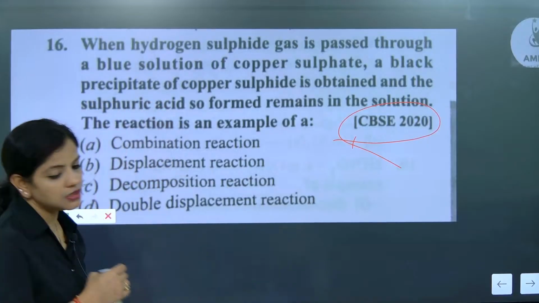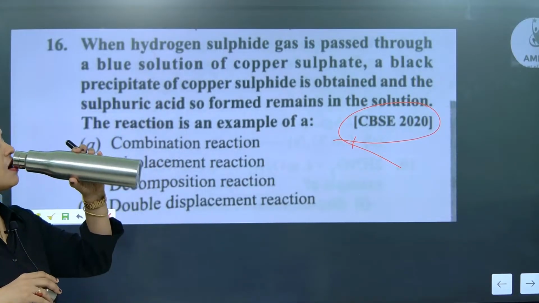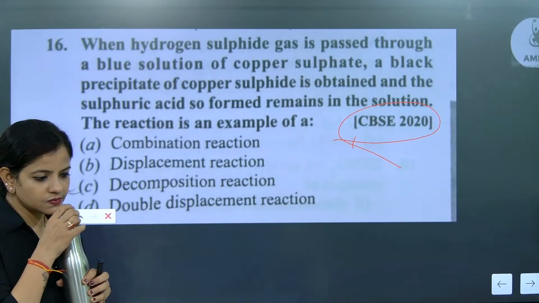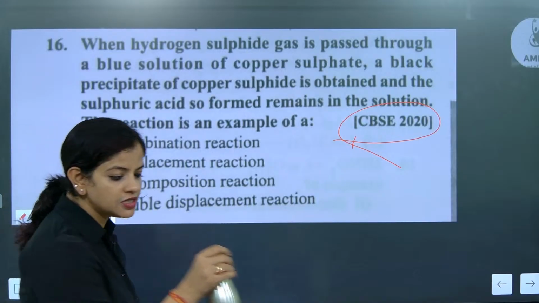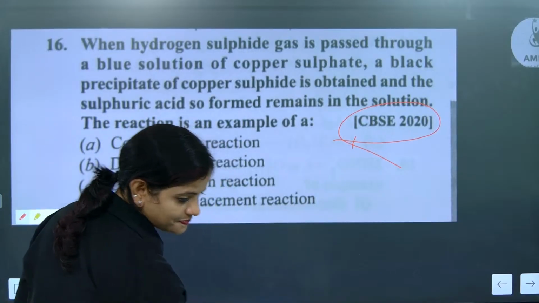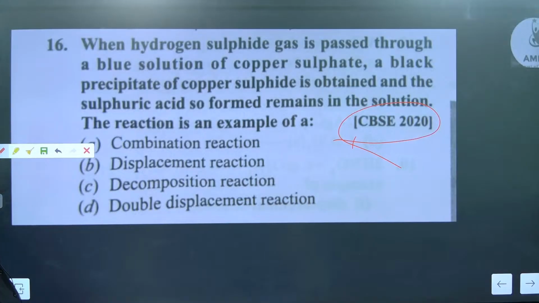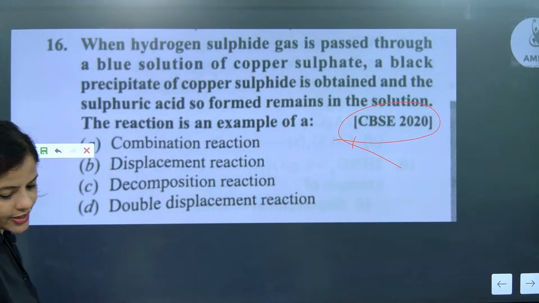One answer. Yes, that's a double displacement. Yes, a precipitate will be formed. It's a double displacement reaction. Absolutely correct. So the answer is D, double displacement reaction.